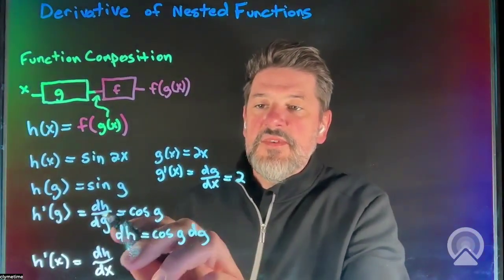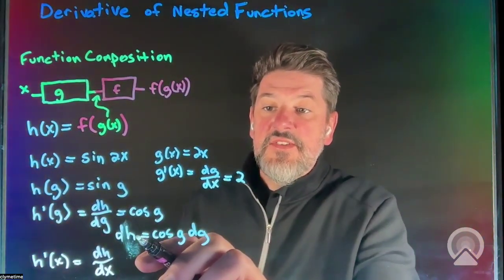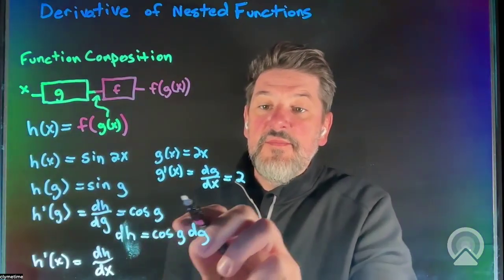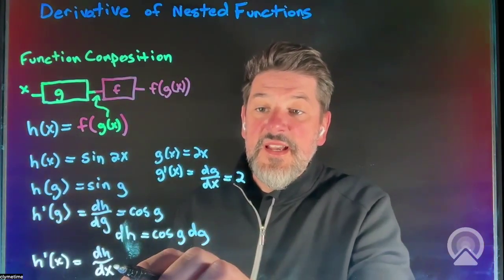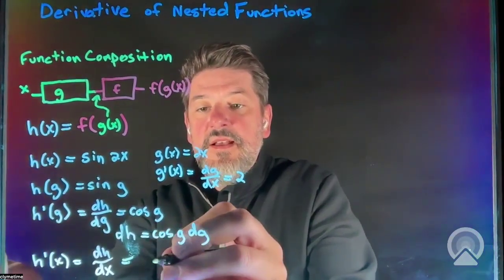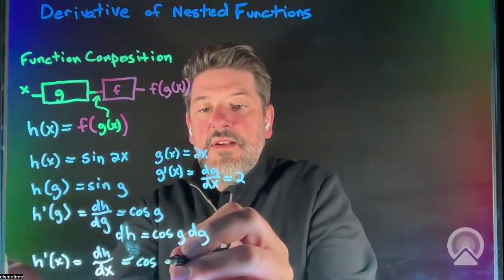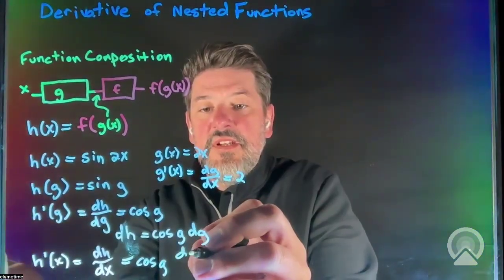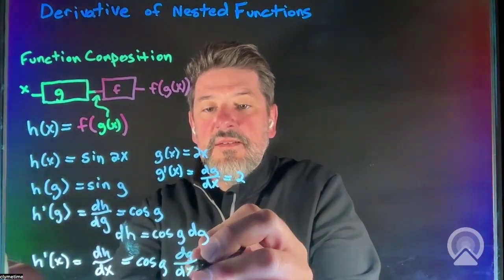All I did was multiply both sides by dg. So that gives me dh. Then if I divide both sides of the equation by dx, I get dh over dx on the left, and on the right, I get cosine of g times dg over dx.